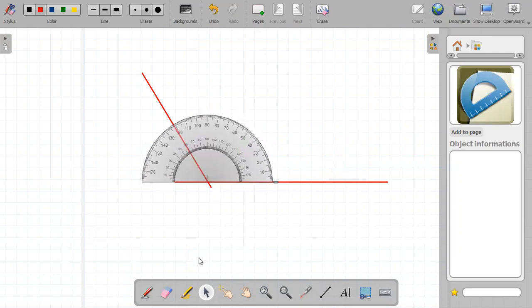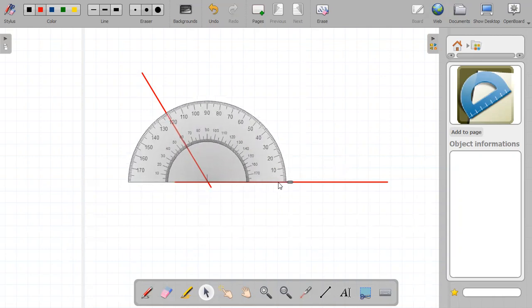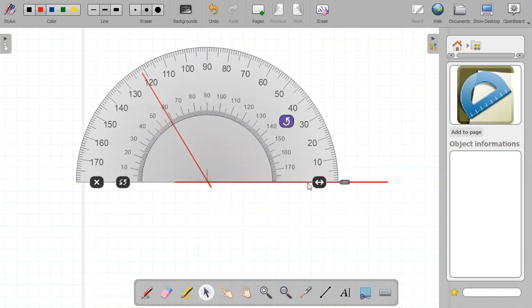Okay, can you see it, Shinal? Can you see this protractor? Yes, sir. I enlarge it a little bit. Here you can see the protractor and angle, the center point placed on the vertex, and also the zero of my protractor.